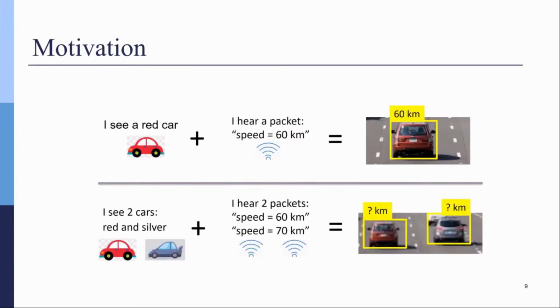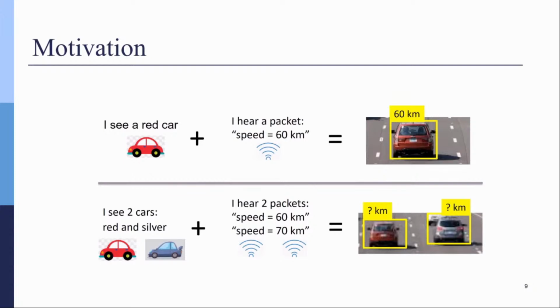If there is only one vehicle in our field of view and this is also the only one among us, this question is simple. We will only see one red vehicle and only receive one kind of radio packet.